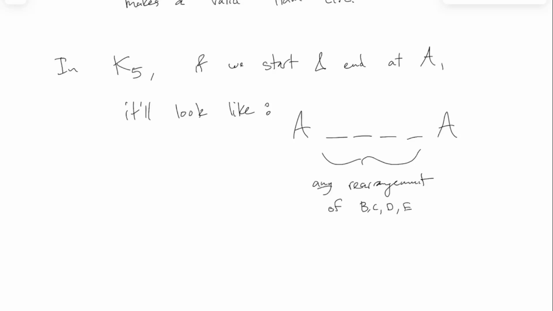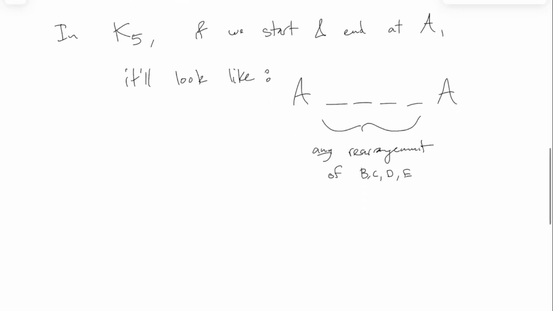And there's a lot of different ways to write B, C, D, E in different orderings, all right? In this case, there are 24 different possible ways to rearrange those letters. How do you get that? It's actually 4 factorial, if you're familiar with the factorial operation. Doesn't really matter, though. All right.